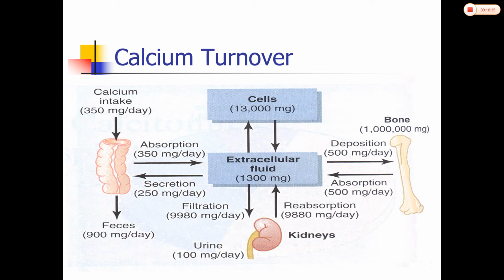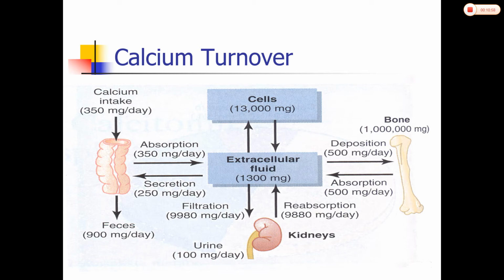We take up to 350 mg per day, which can be absorbed into the extracellular fluid, or later it can go into the cell, or it can be deposited in the bone, where its concentration is about 1 million mg.